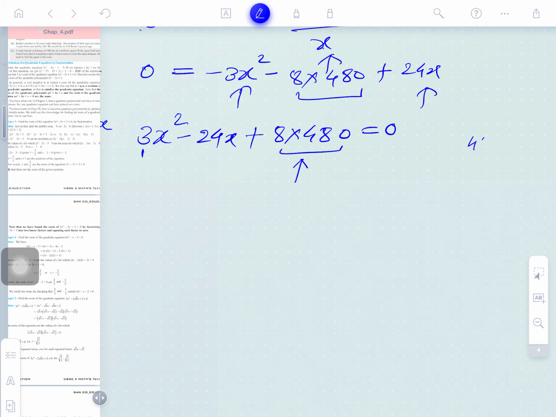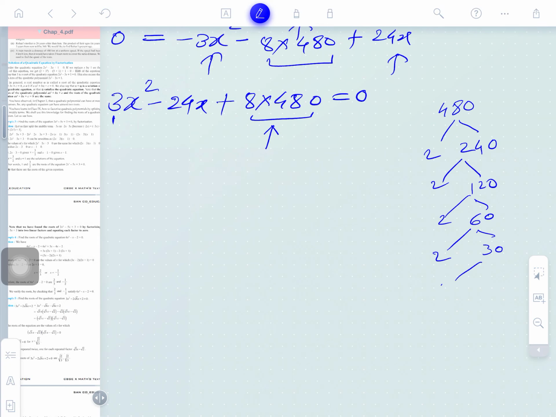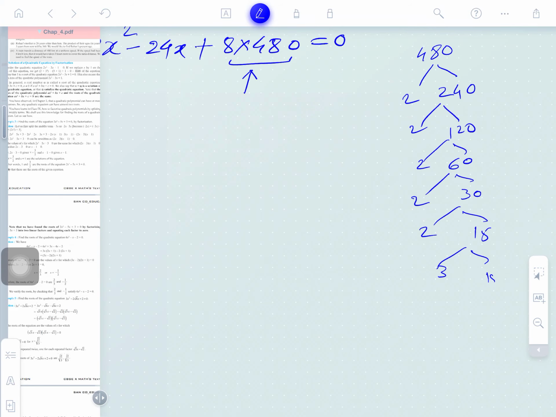So 480 is to be factorized further. How many times is 2 there: 480, 2 times 240, again 2, 120, again 2, 60, again 2, 30, again 2, 15, again 3 here, and 5 is there also. So how many factors are there? 2, 2, 2, 2, 2, 3, 5.